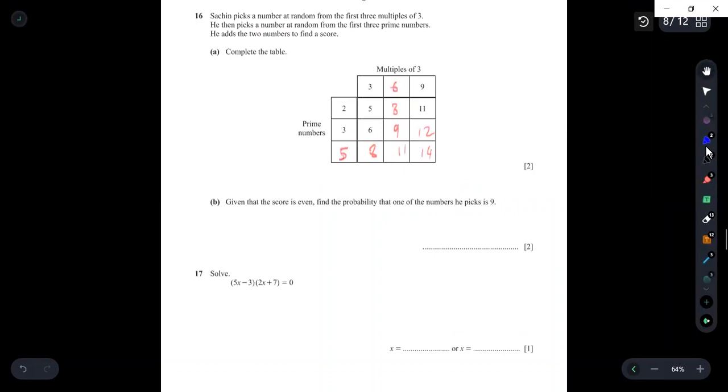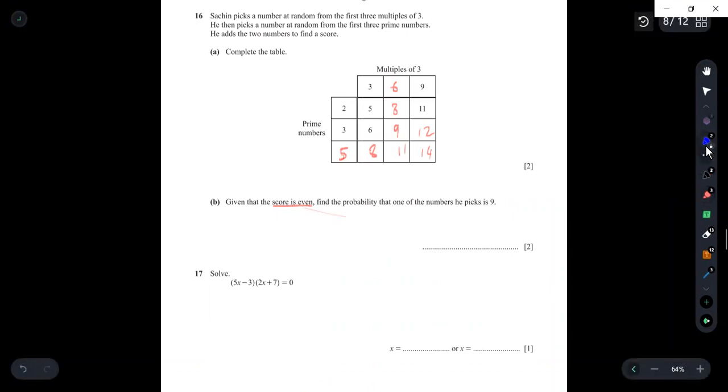That the score that he got is even. So if we look at the table, what scores are even? And the scores are shown under these 9 boxes.